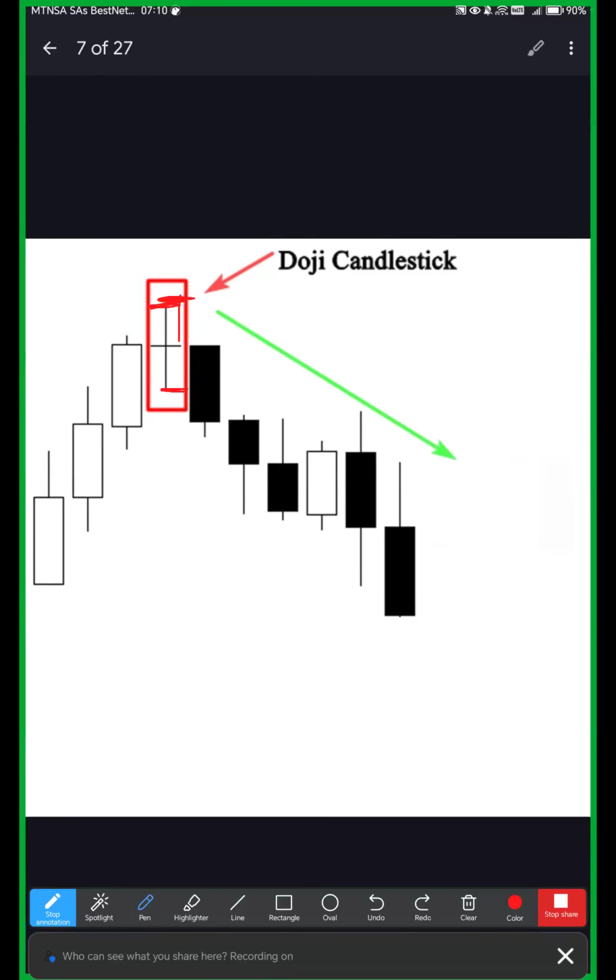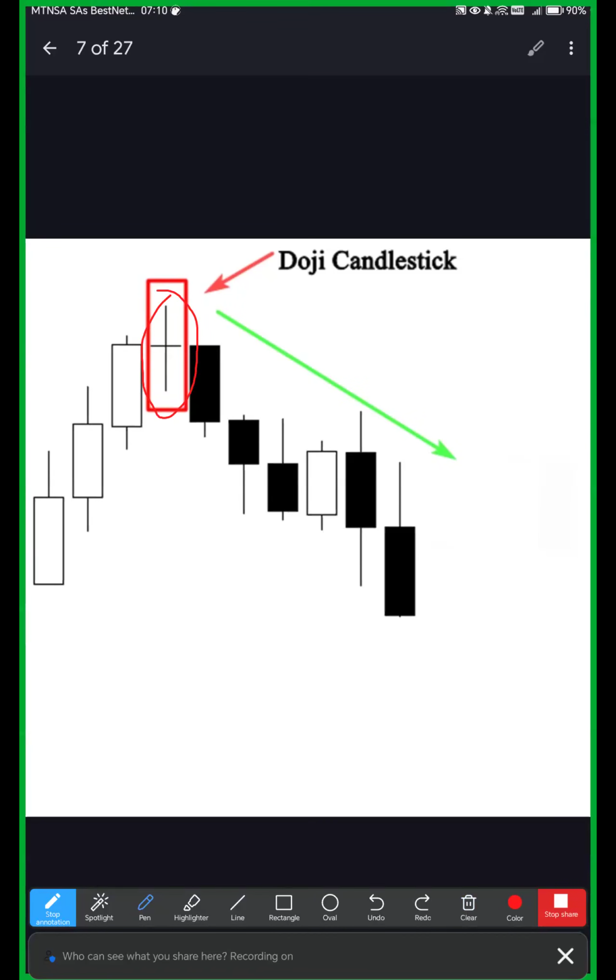So this is a clear indication that a trend reversal is likely to happen. I'm saying a trend reversal is likely to what? To happen. When this happens, you should know that this is a clear indication that a trend reversal is likely to happen.